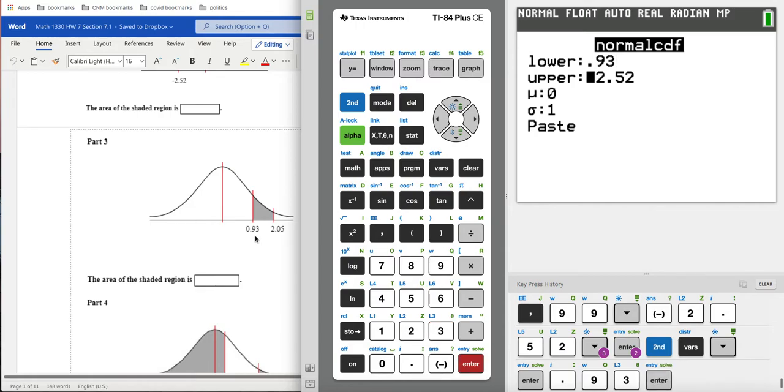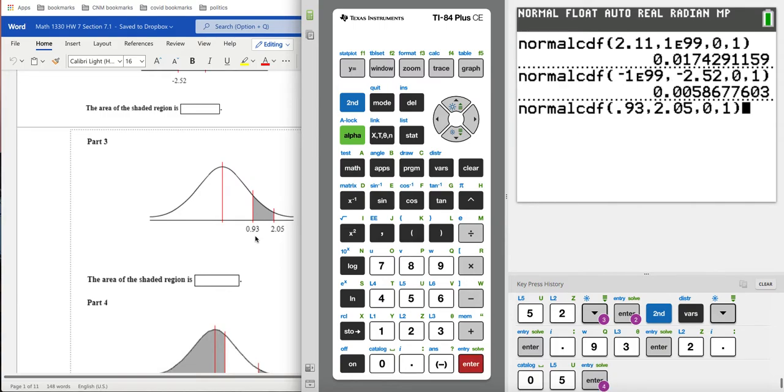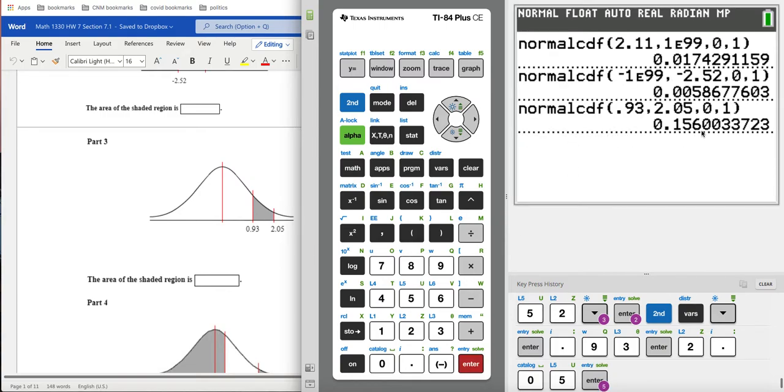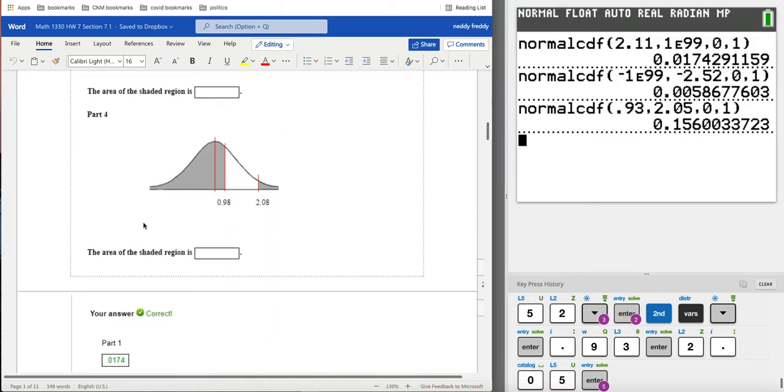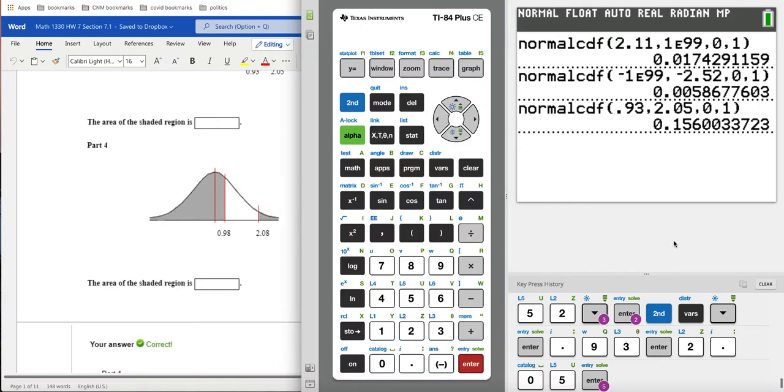Your upper is your upper, 2.05. 0, 1, paste, enter, enter, and you've got your answer. Lovely, love these. Okay, and then part 4, you could do it as an area to the left and an area to the right and add them together, or you can do it as the area between and subtract from 1. That is what I prefer because it's fewer steps.